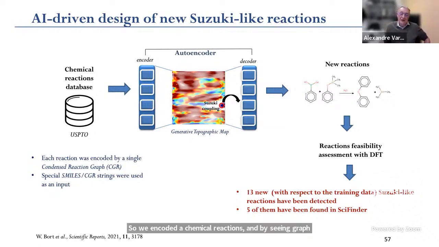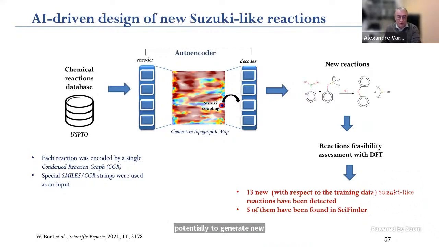And finally, we generated new, still unseen variants of Suzuki-like reactions. Afterwards, we found 5 out of 13 in SciFinder, which contained many more reactions. And these reactions were certainly not in the training set, which shows that artificial intelligence could potentially be used to generate new chemical transformations.